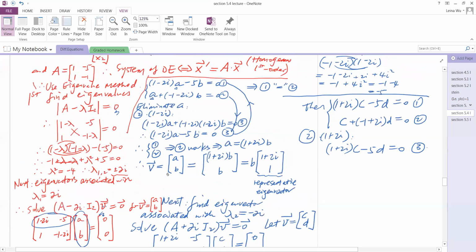So equation 3 matches your equation 1. So that tells you equations 1 and 2 are redundant. Only one equation would be enough for this system. So that tells us c plus negative 1 plus 2i d equals 0, which means c would just be 1 minus 2i d, right?